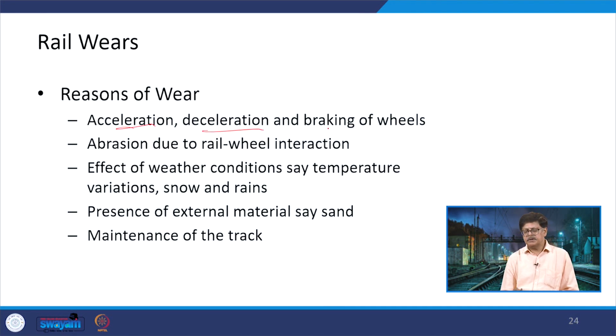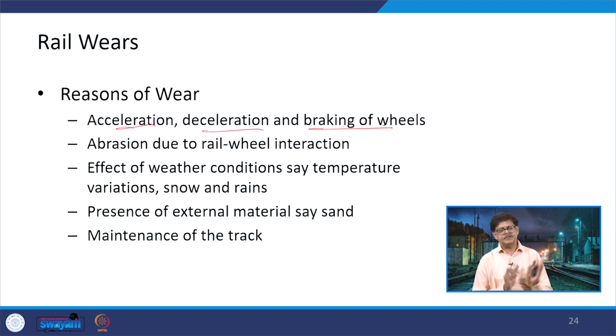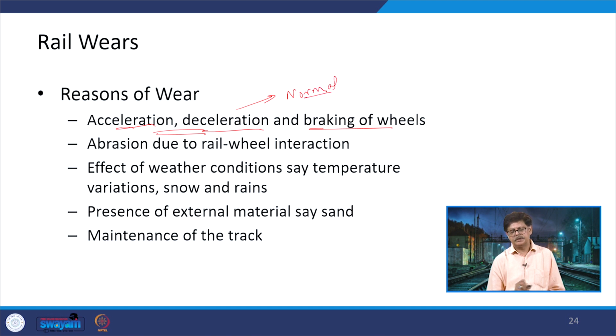Acceleration, deceleration and braking of the wheels. Now, these things are correlated here. Acceleration and deceleration can also be talked about in the case of a normal section, say at a platform. If the train is at a platform, it is going to stop. So, there is a deceleration going on, and it has stopped there.